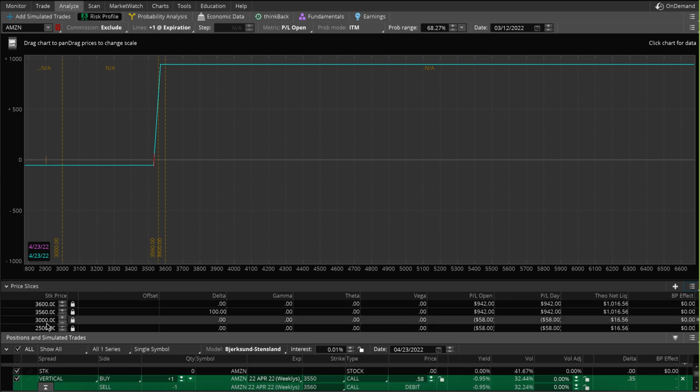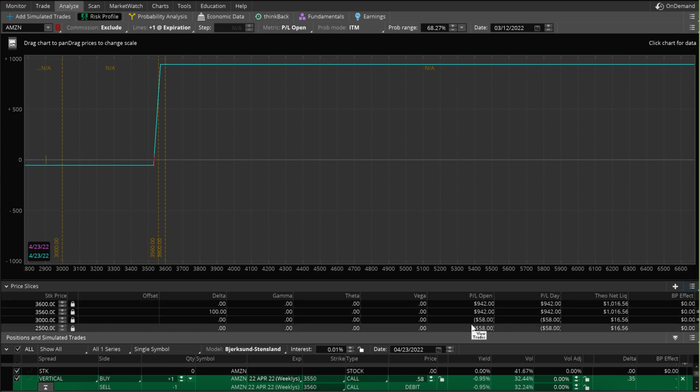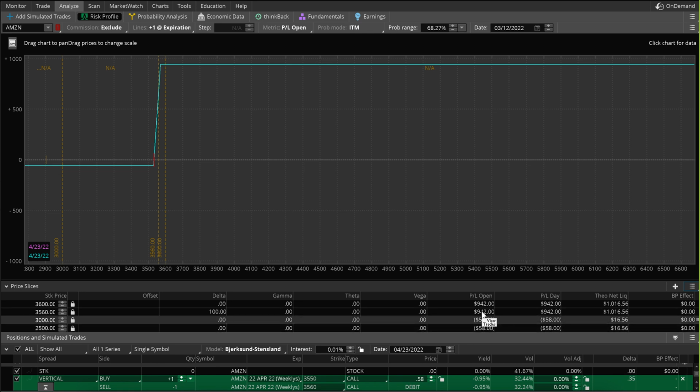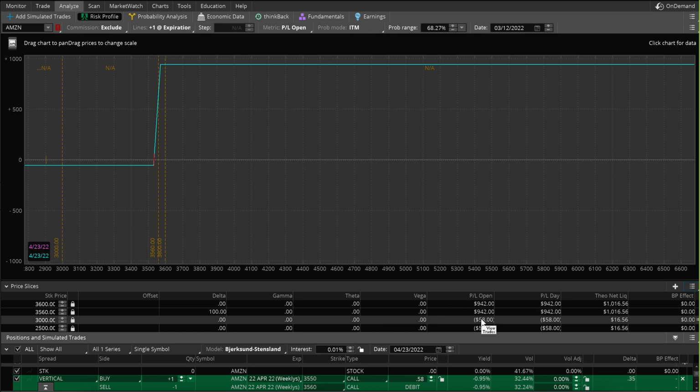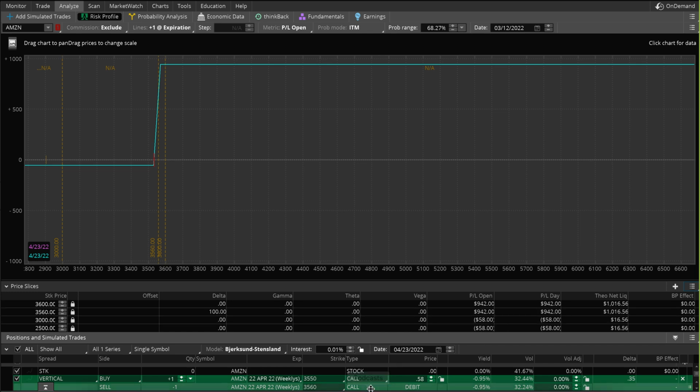All right. So at expiration, let's say it did not close anywhere near our strike price in our prediction. Let's say it was at $3,000 per share. As you see, since it's in parentheses, it's showing our loss. We would lose $58 per contract, right? So you can only lose what you put in, right?